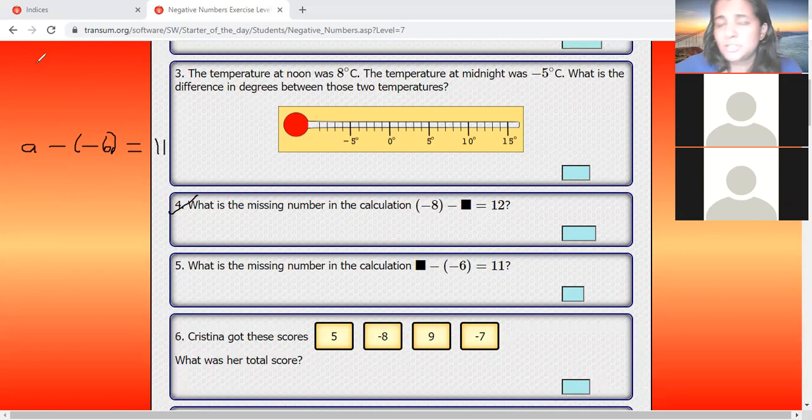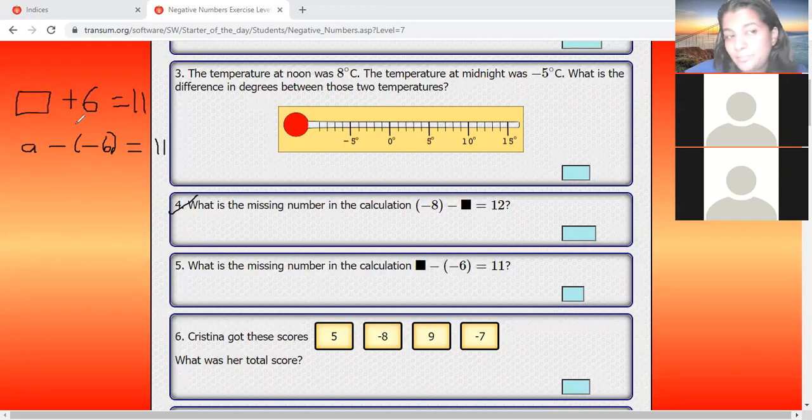Let's use the estimation method, estimation or making a guess. Something minus negative 6 and I end up with a positive number, which means this negative and this negative, when I open, would become a positive 6. Yes or no? So something plus 6 gave me 11.